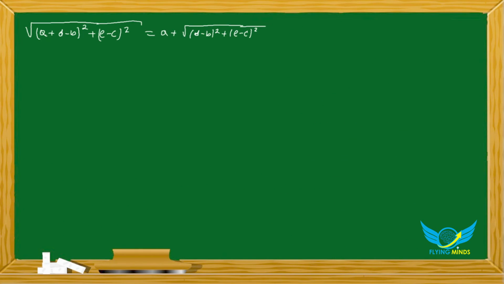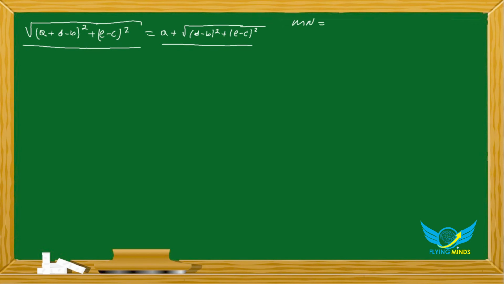So how to continue? We have two sides of the equation. The left hand side equals square root of a plus d minus b squared plus e minus c squared, and on the right hand side we have a plus square root of d minus b squared plus e minus c squared.